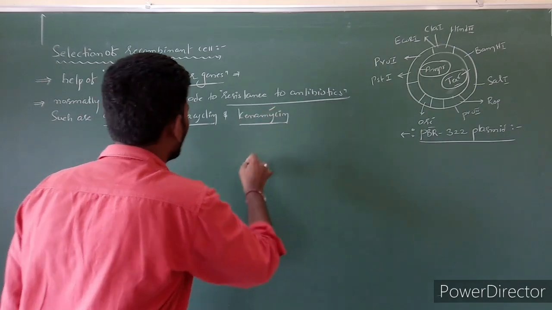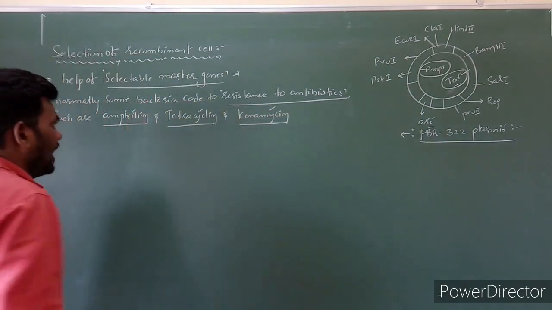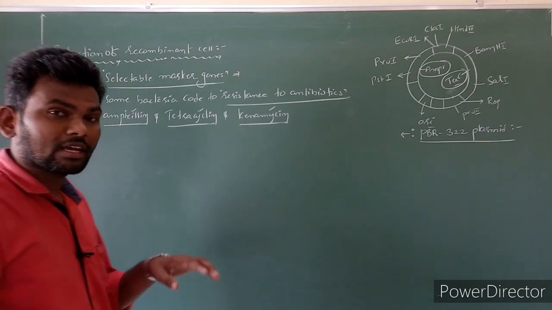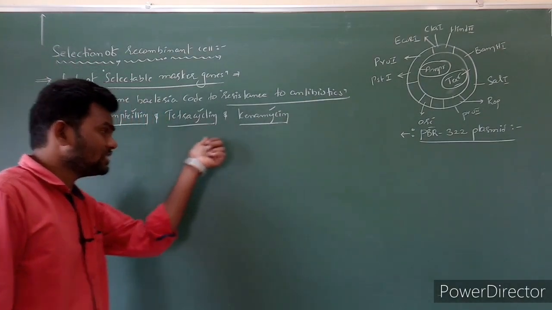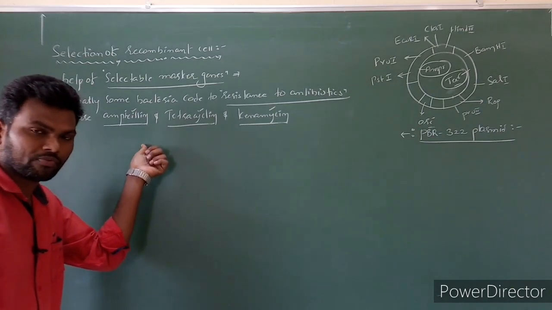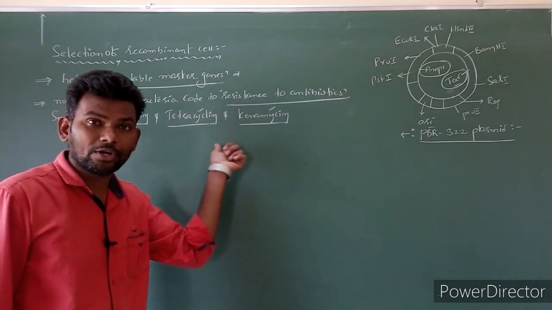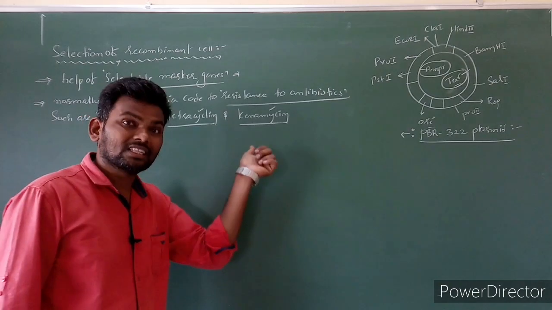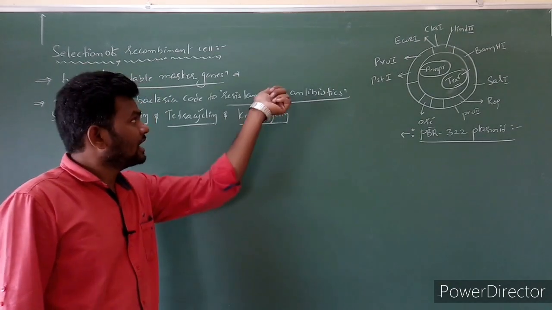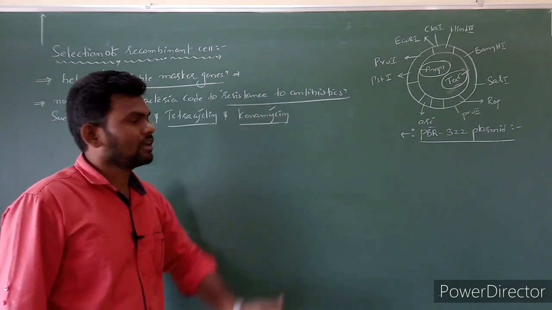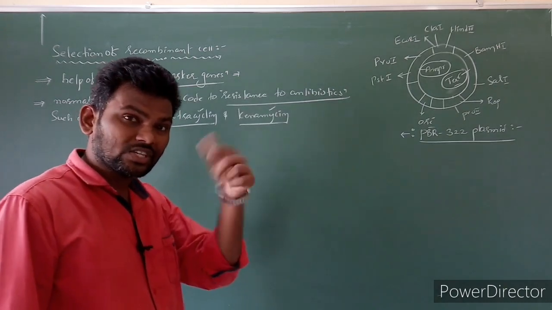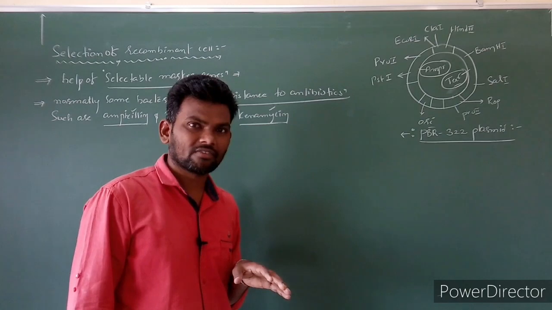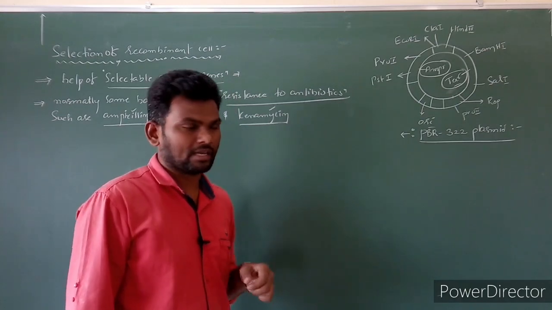These three are antibiotics which have the capacity to kill bacteria. But even with these three antibiotics, some bacteria do not die because they have resistance power to these antibiotics. That's why they survive. Such genes we use as selectable markers.